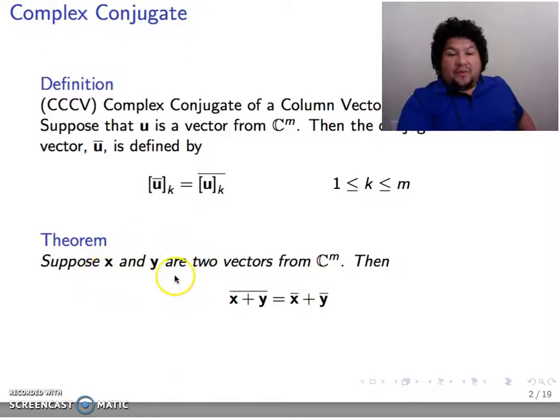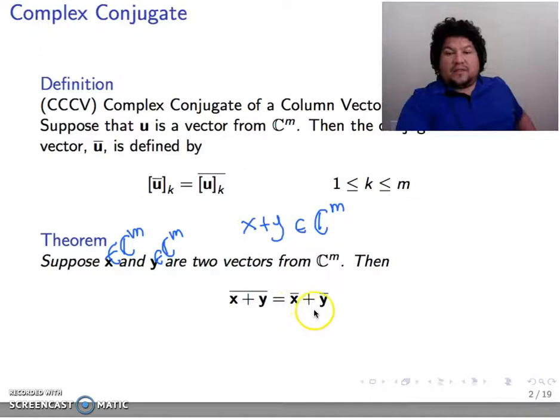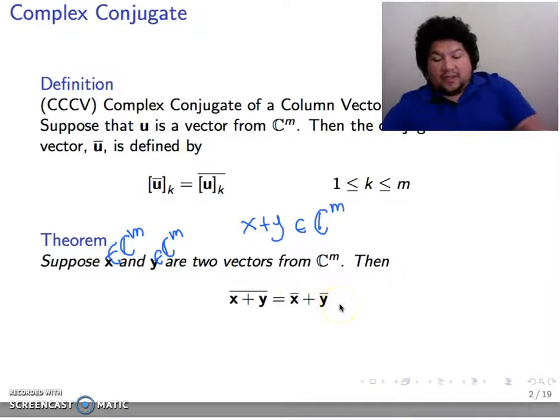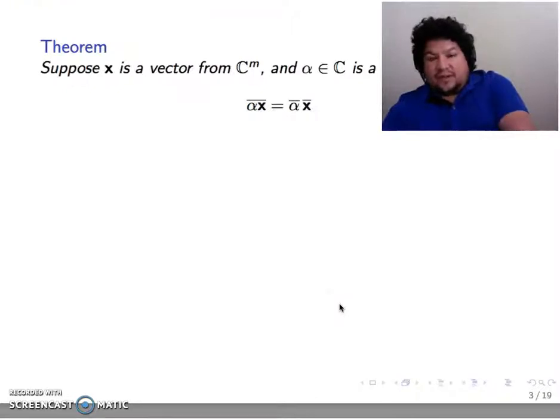So if X is a member of C^m and Y is also a member of C^m, then the vector X plus Y is also a member of C^m because of closure under addition. And the conjugate of this sum is equal to the conjugate of X added to the conjugate of Y. This is very straightforward from properties of complex numbers.